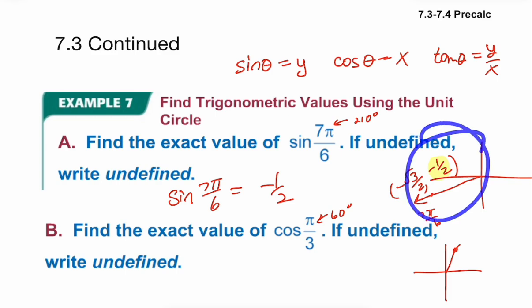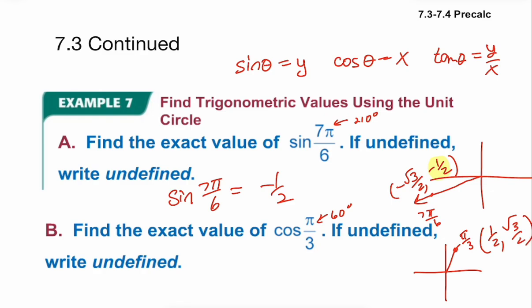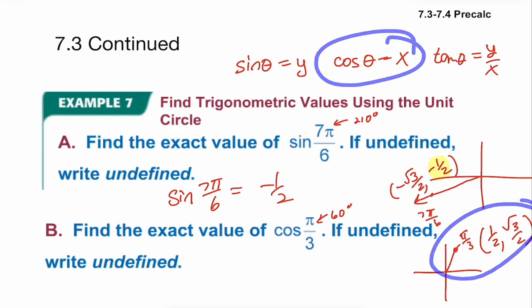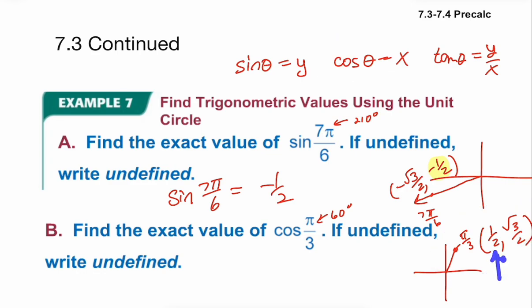It's the same triangle I mentioned up there, except now our x is the short one and our y is the long one. So at pi over 3, 60 degrees, the point is 1/2, square root of 3 over 2. Now the cosine is the x value at that location, so we want the value right there.